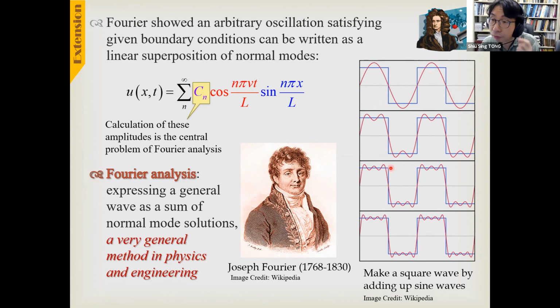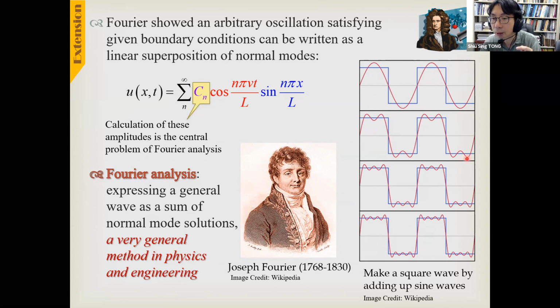But how about if you add one more mode? If you add a higher frequency mode with another constant C2, or C3, depending on the superposition, then you have a better approximation to the square wave. You can use a small modulation to make the top or the bottom more closely like a flat top.